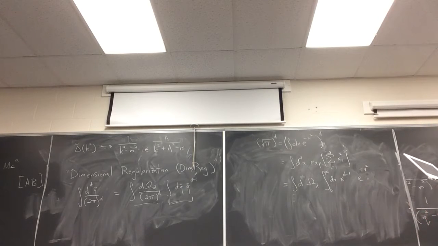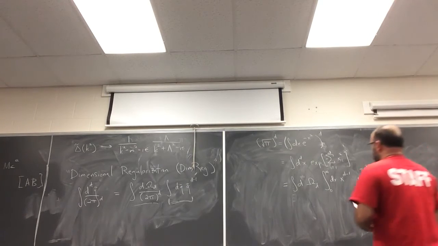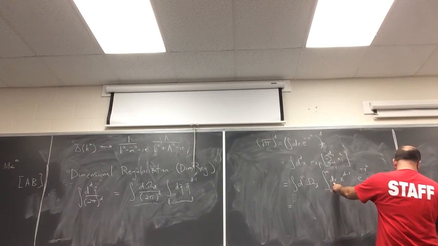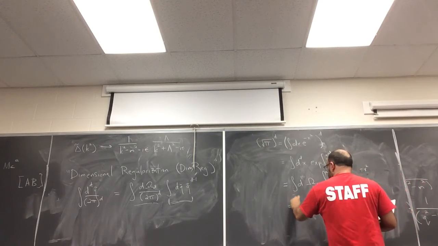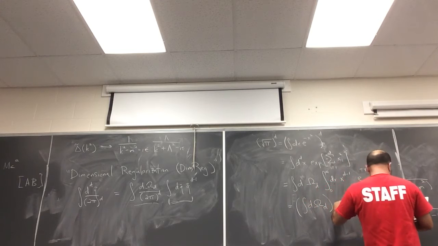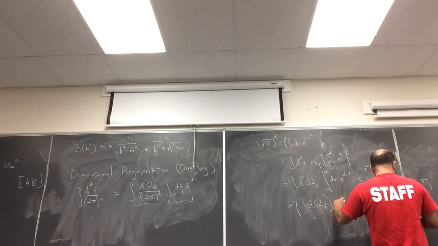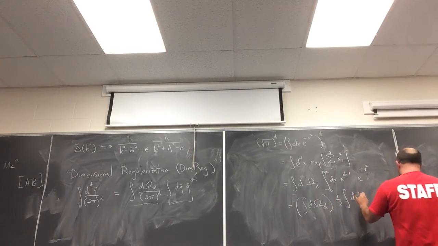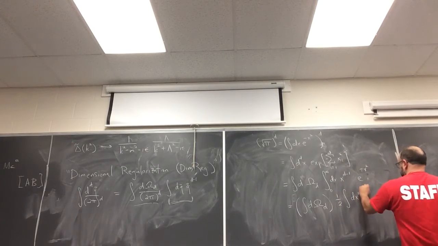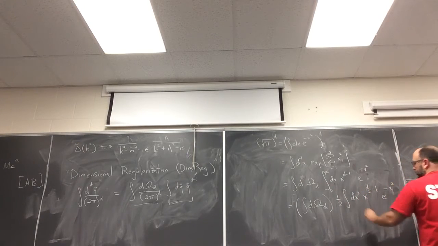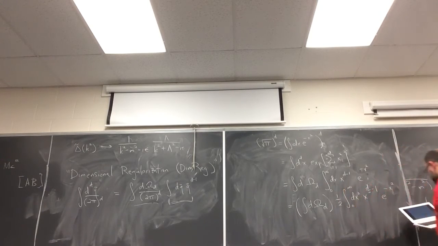All right, so what do I want to do next? Now I want to transform this from an integral over dx to an integral over dx squared, just for convenience, and I get a factor of 1/2 from doing that. This is an integral over dx squared of x squared to the d over 2 minus 1, e to the minus x squared, from 0 to infinity. Just making a transformation.